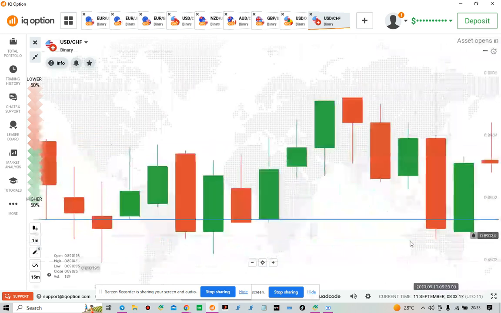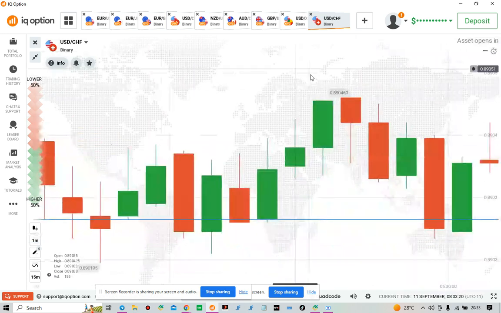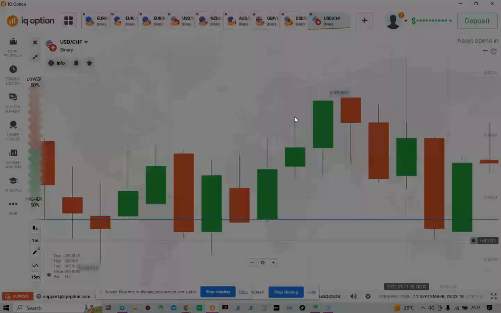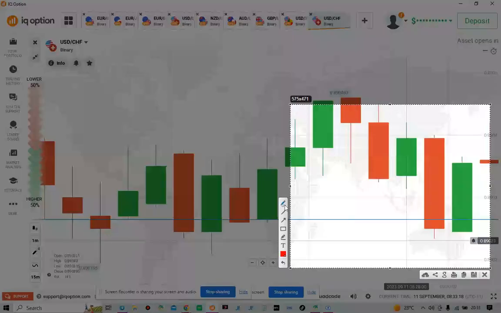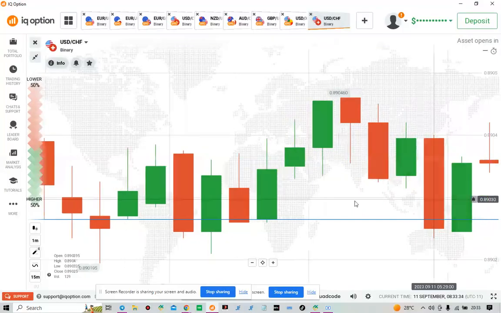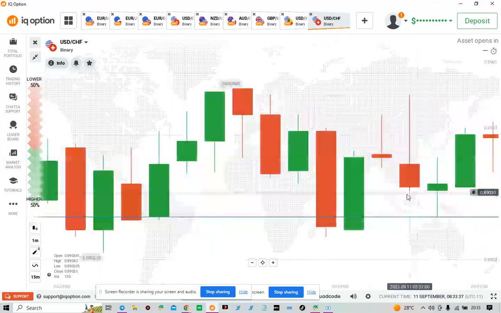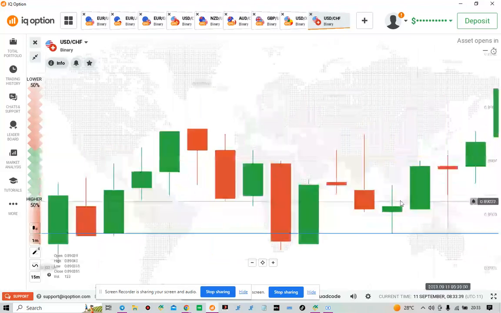This is the fourth one. The price comes to this same zone and closes below the line. Buyers entered, and I place a call option. This one only got rejected.